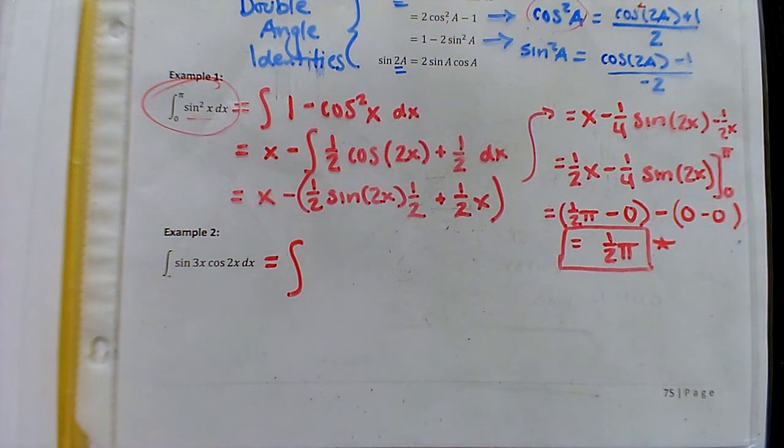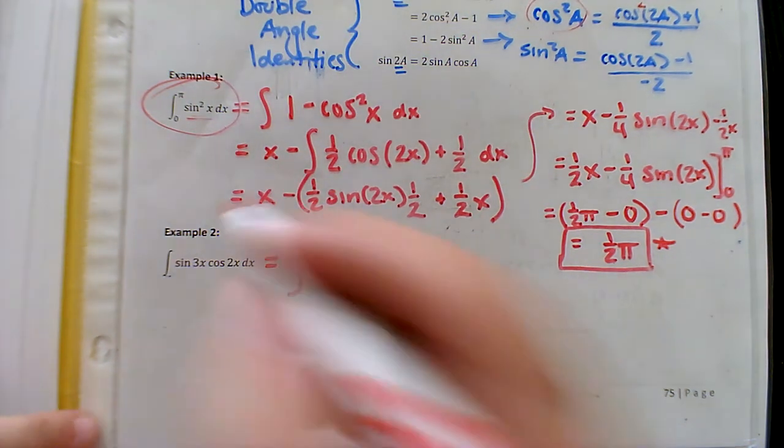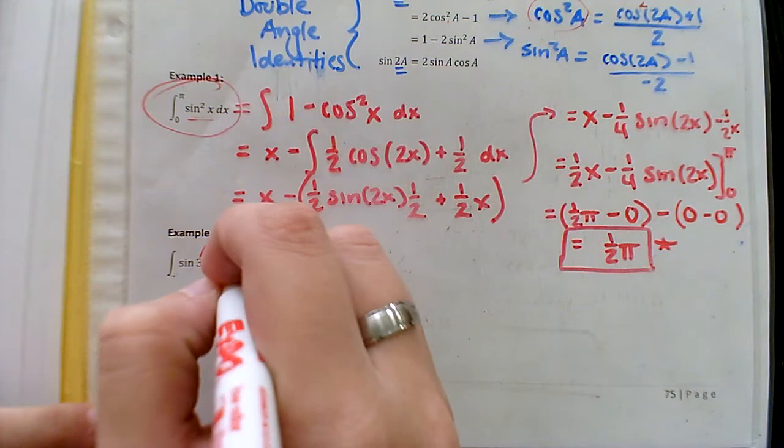Okay, so can we identify what the a and b value being used in the identity is, based off of what the integral looks like? What do you think, Caitlin? There we go. Okay.